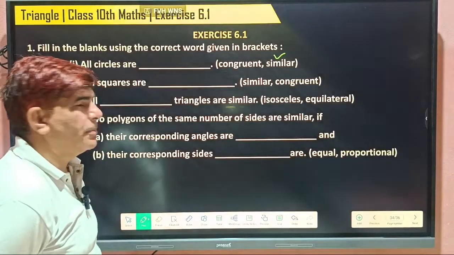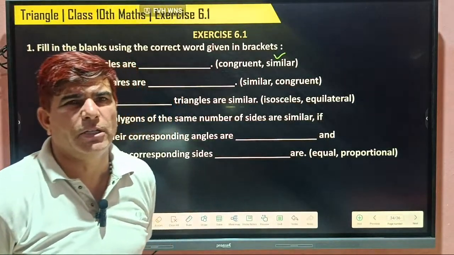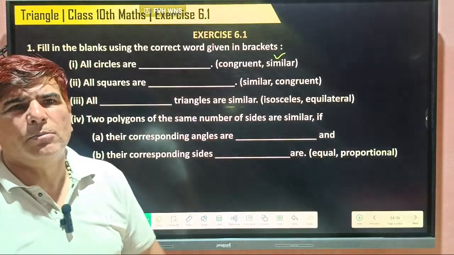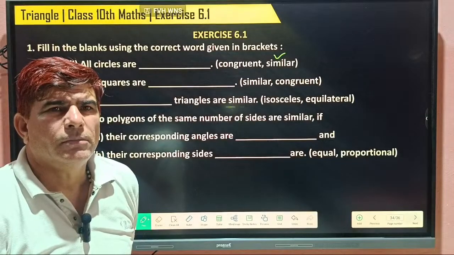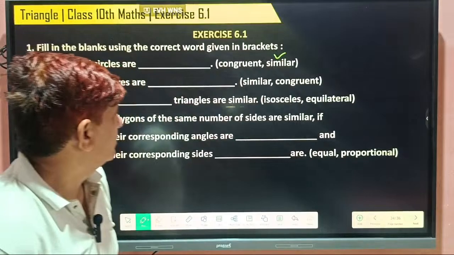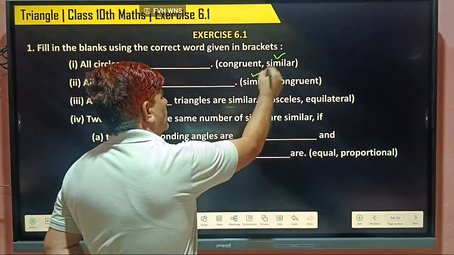All squares have the same shape, but size may be different. One square has a side of 3 centimeters, another has 4 centimeters. Both are squares, but their sides are not the same. So again we can say all squares are similar.